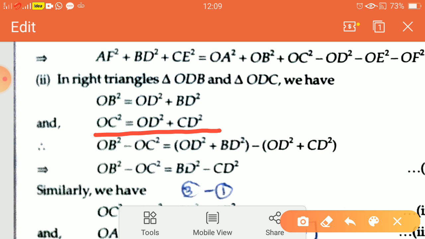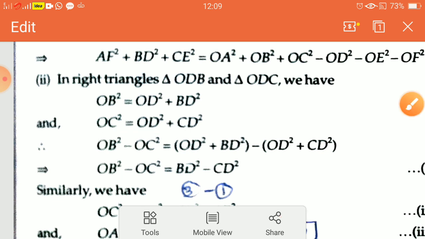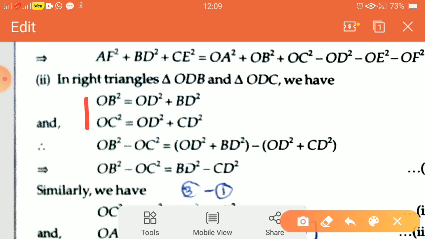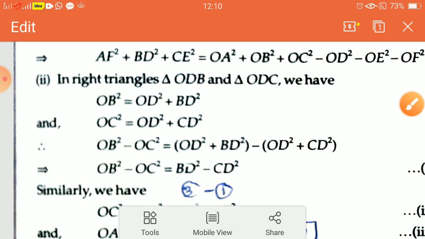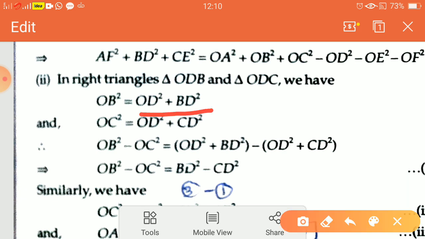Now subtracting these two equations, on the LHS we get OB square minus OC square, and then OD square plus BD square minus OD square minus CD square, or we can write these terms in a bracket.